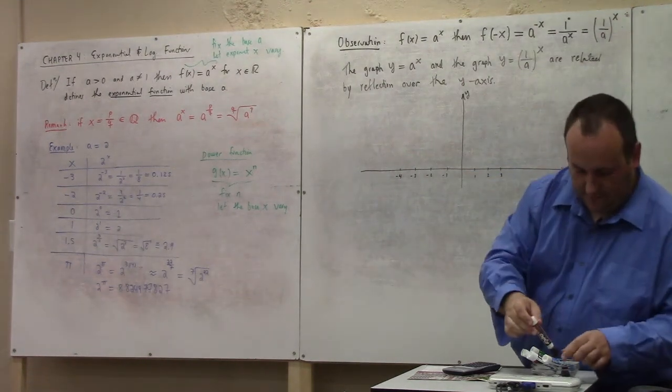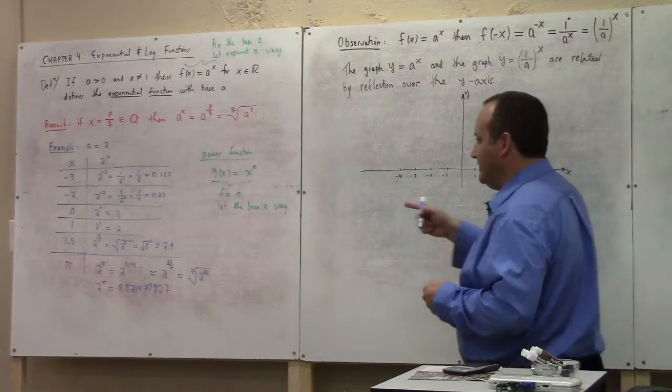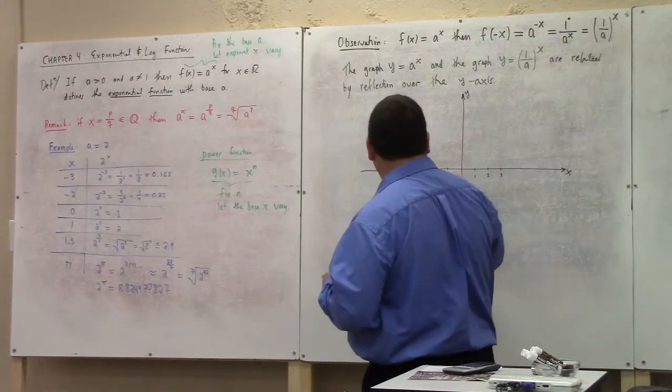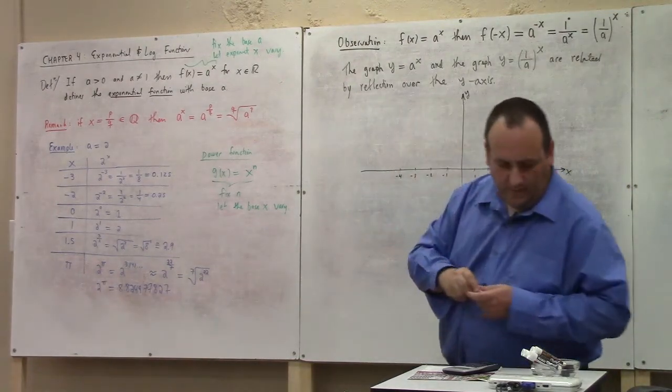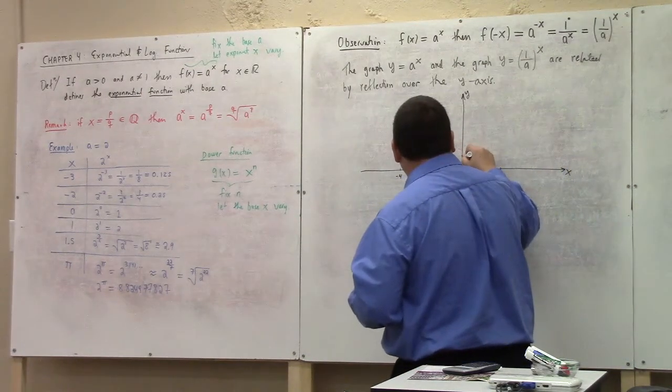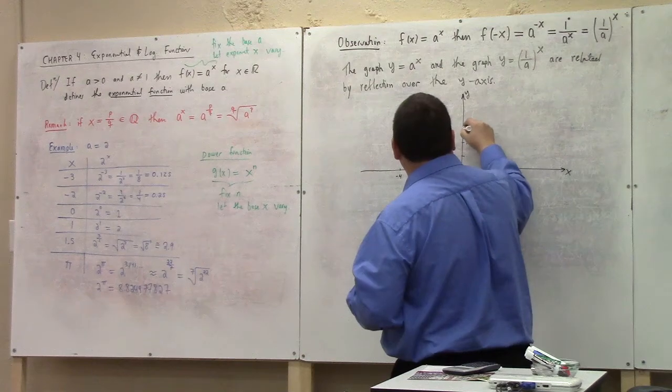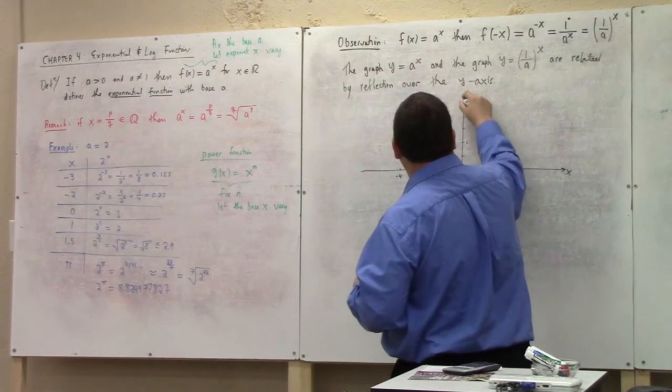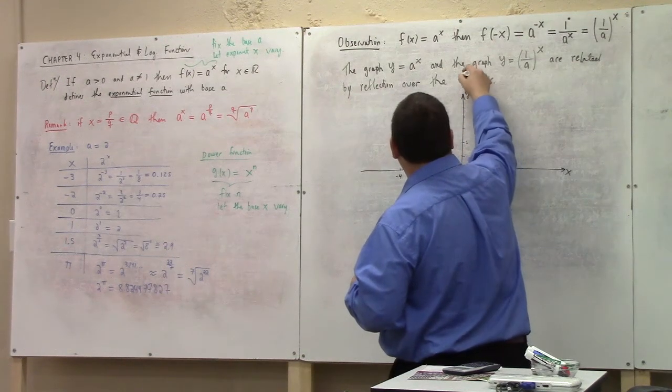Okay, let's do that. At minus 3, we're about 0.125. I forgot to put my y-axis on here.